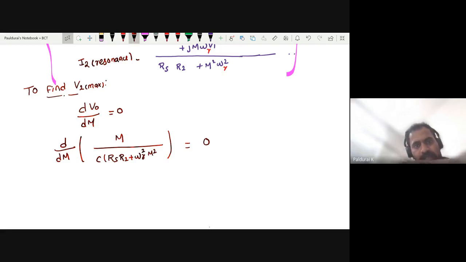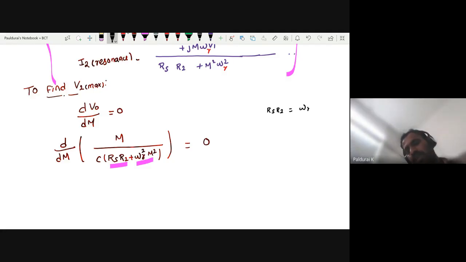The first term is Rs R2, the second term is omega R squared M squared, both will be equal. If you differentiate this, you will get Rs R2 equals omega R squared M squared. From that, what is the condition for max?